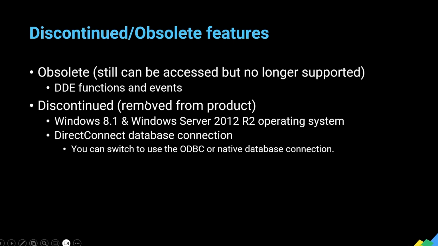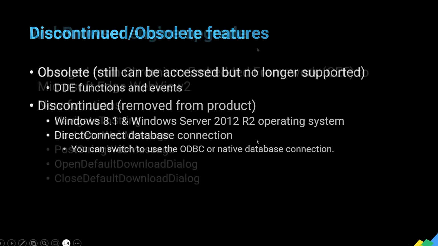So under obsolete, which means it's still there, but it's no longer supported, is dynamic data exchange. And then discontinued, which means it's been completely removed, is support for Windows 8.1 and Windows 2012 R2, as I mentioned earlier, and also the Direct Connect database connection. So if you're using Direct Connect database connection, one of the things you're going to need to look at is switching to an ODBC or native driver instead.